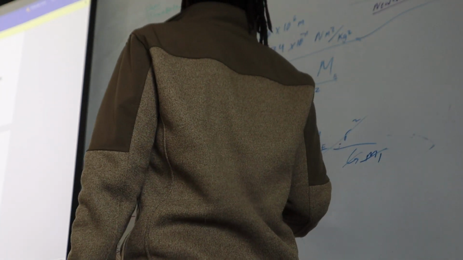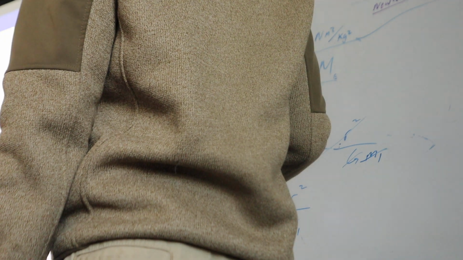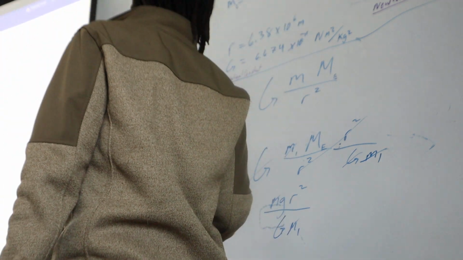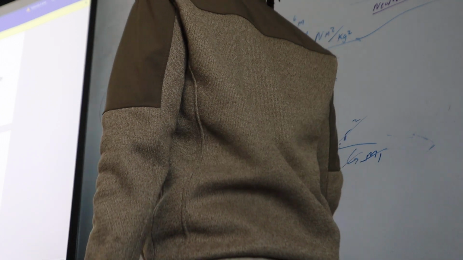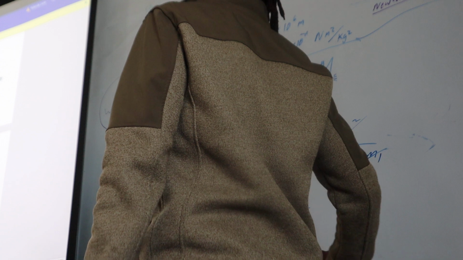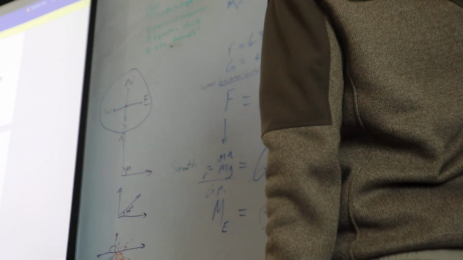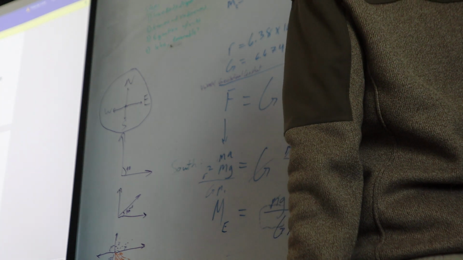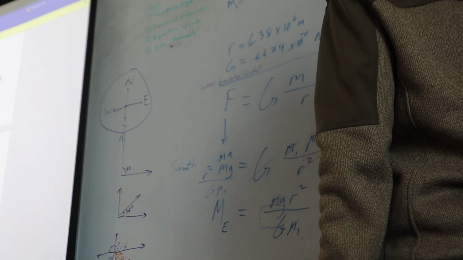So now we can do all this. Now putting in my numbers, I'll put it over here so I can write it bigger. M equals 9.8 times R squared.